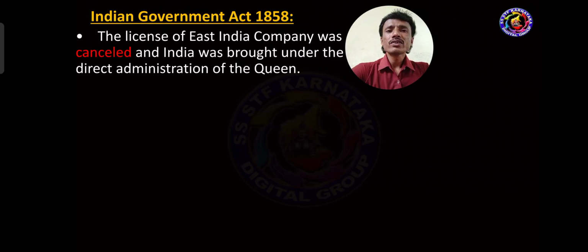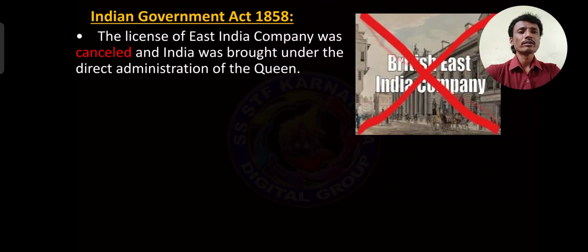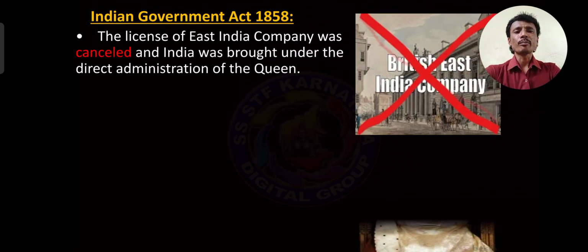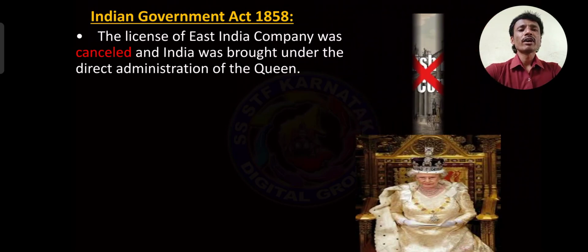So that East India Company administration ended in the era of 1857. So in the era of 1858, the administration was carried out directly by the Queen of England. So the East India Company administration ended. Mark that: British East India Company. So administration goes to the Queen of England.